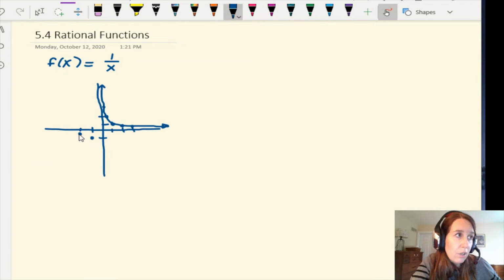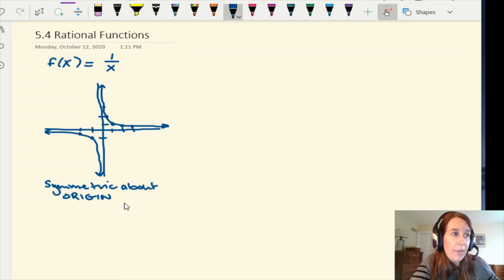And so what we actually end up with is an odd function that reflects across the origin, right? So this is symmetric about the origin. And we know that that makes it an odd function, okay?